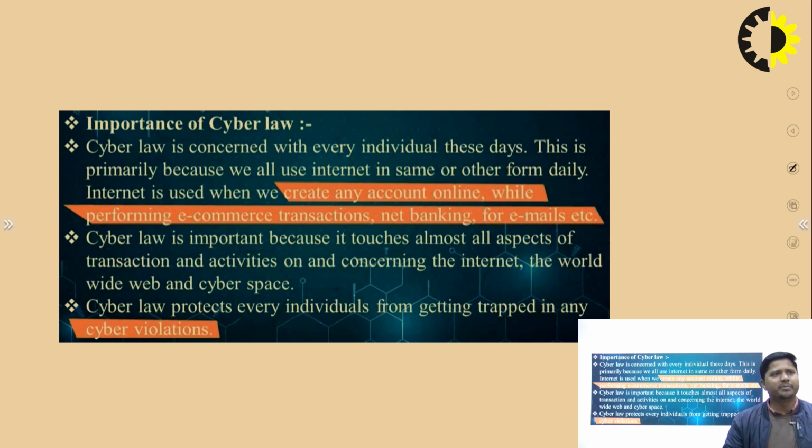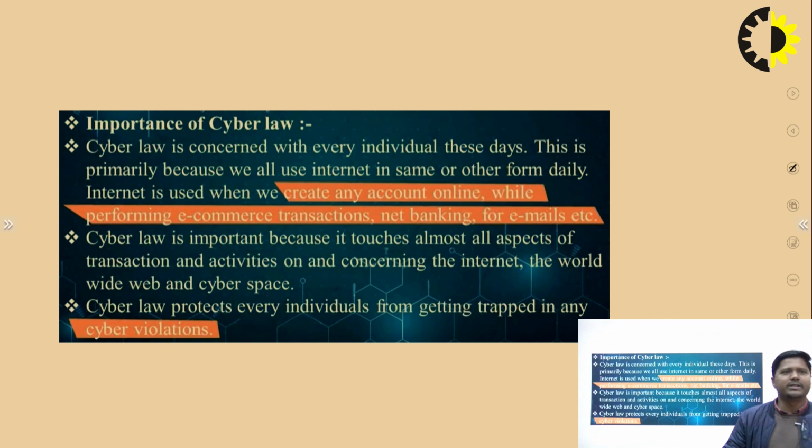Primarily, we all use the internet in one form or another daily, so our dependency is increasing day by day, and cyber crime is also increasing day by day.